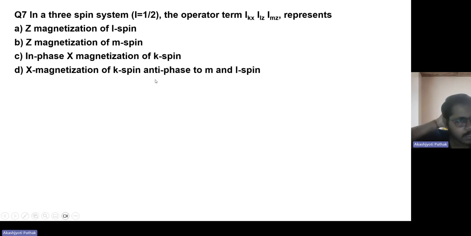The first option is Z magnetization of I spin, the second is Z magnetization of M spin, the third is in-phase X magnetization of K spin, and the fourth option is X magnetization of K spin, antiphase to M and I spin.